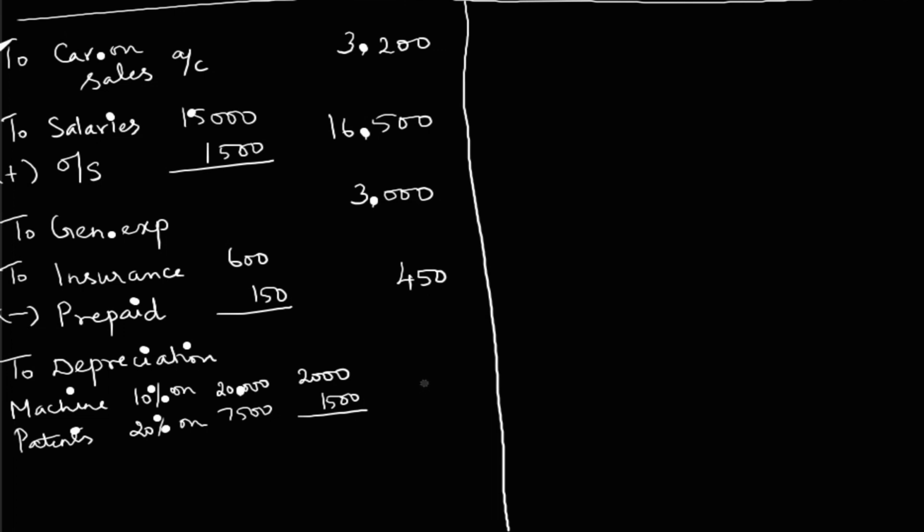So the total value of depreciation is 3,500. Then since you don't have any old provisions for bad debts, you directly post the provision for bad debts, 2% on debtors.